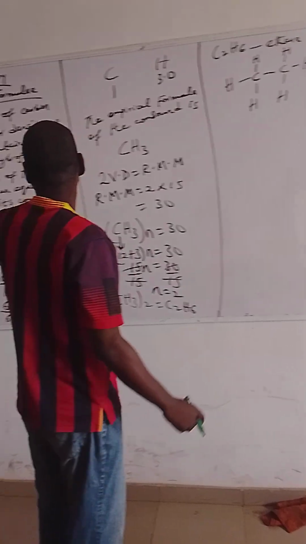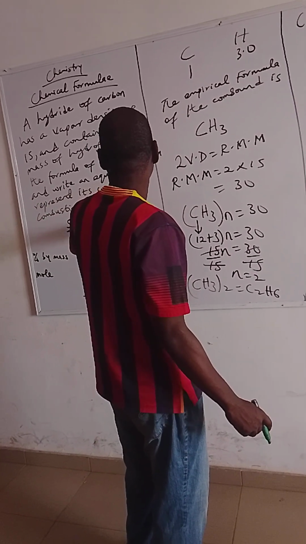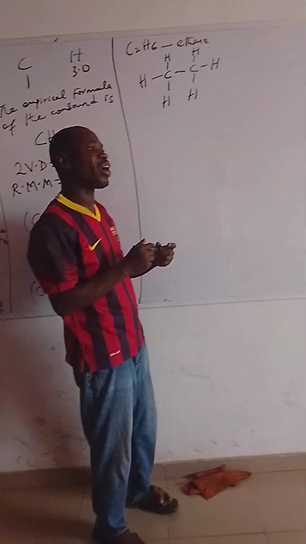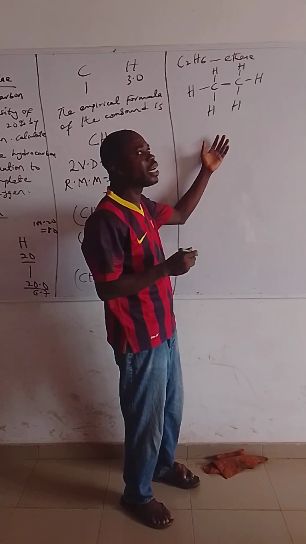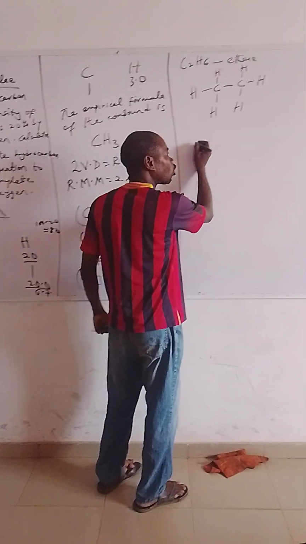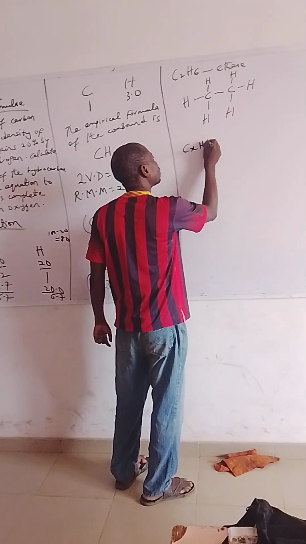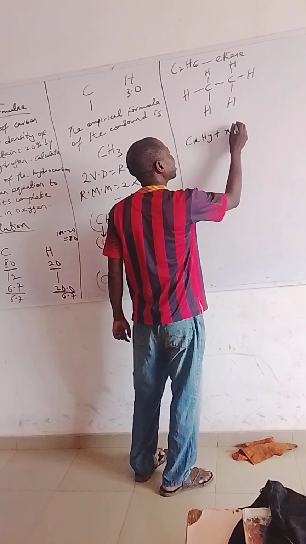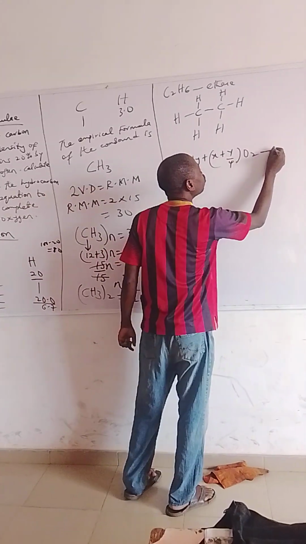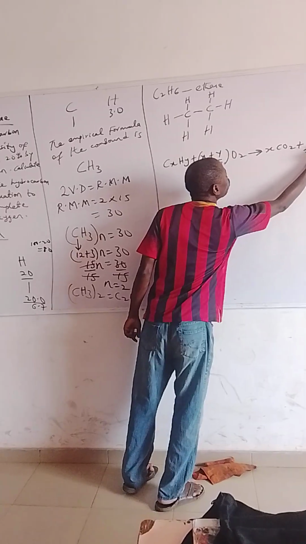Then the B part goes thus. Write an equation to represent its complete combustion in oxygen. Anytime we are talking about combustion of hydrocarbon, there is a way we write the general equation. The general equation for the combustion of hydrocarbon is given to us as CxHy plus (x plus y over 4) O2 moves to xCO2 plus y over 2 H2O.